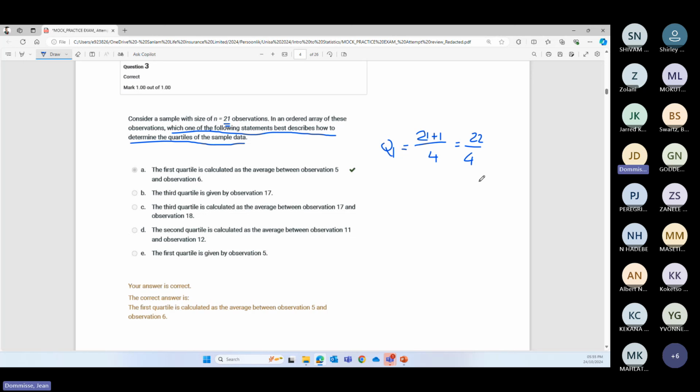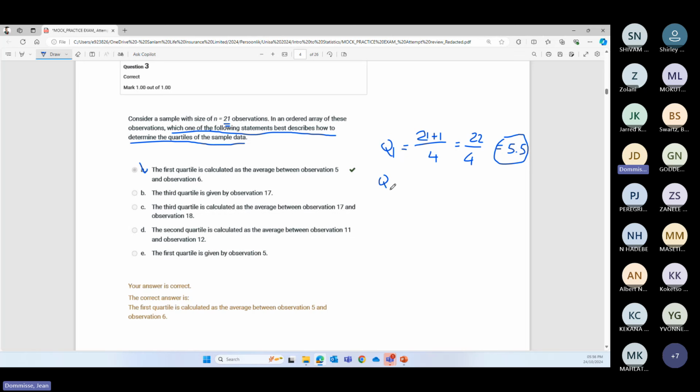So 22 divided by 4 is 5.5. Okay, cool. So the first quartile is calculated as the average between observations 5 and 6. Because it's 5.5, that is correct.